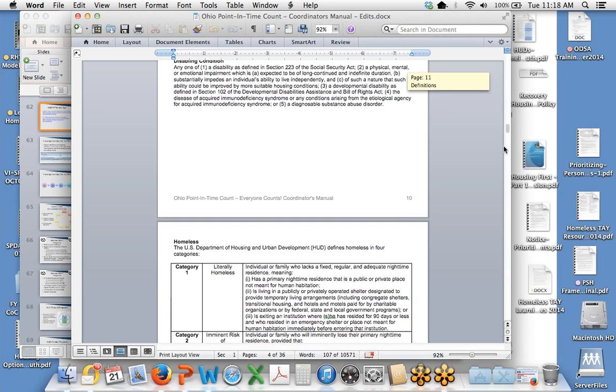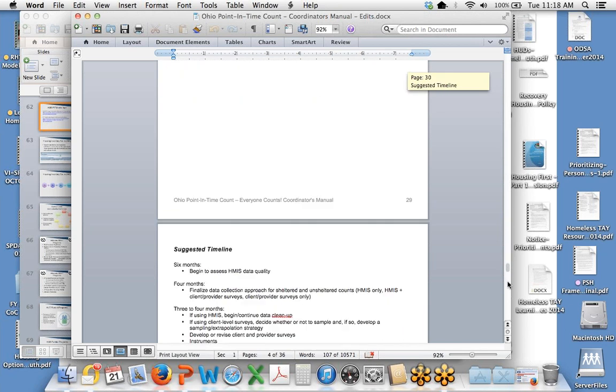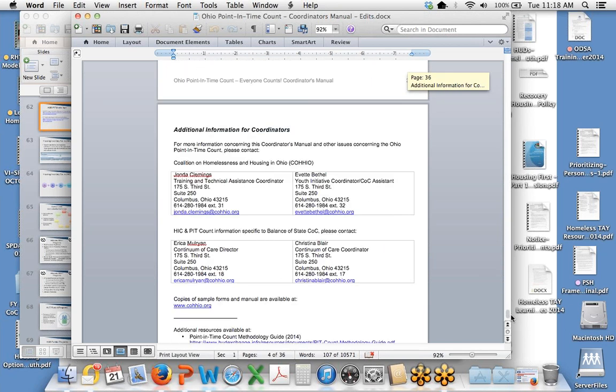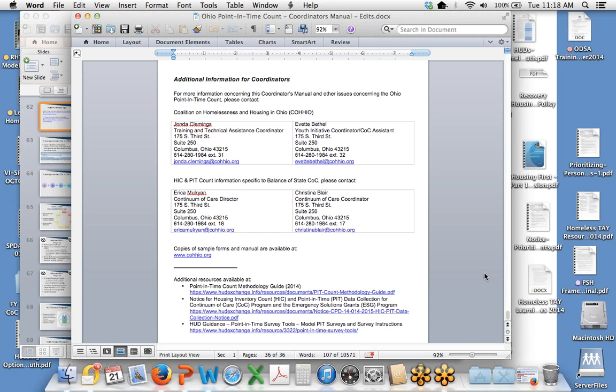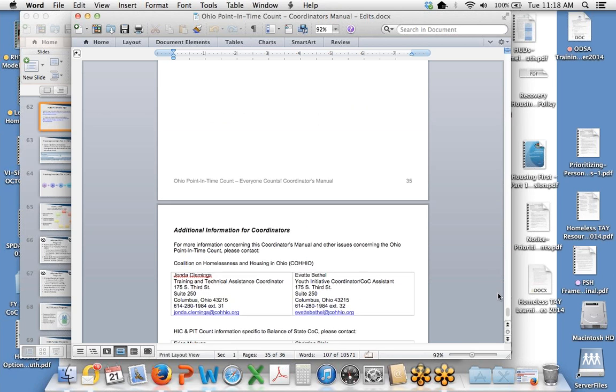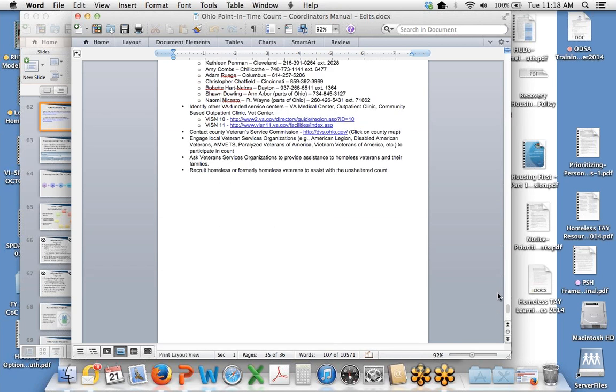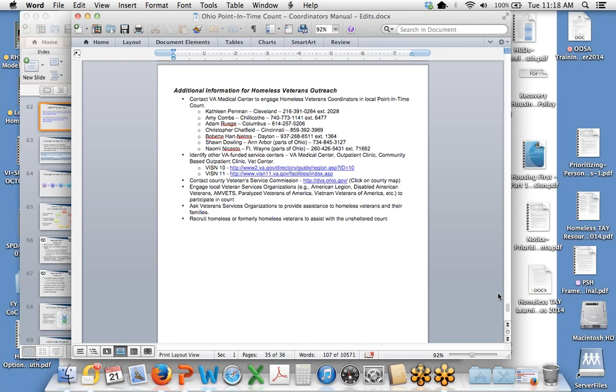Additionally, towards the end of the document, we also included some information about how to contact some of the key veterans outreach folks. So the people that are working in those middle management type positions with the VA that are doing the HUD-VASH programs.